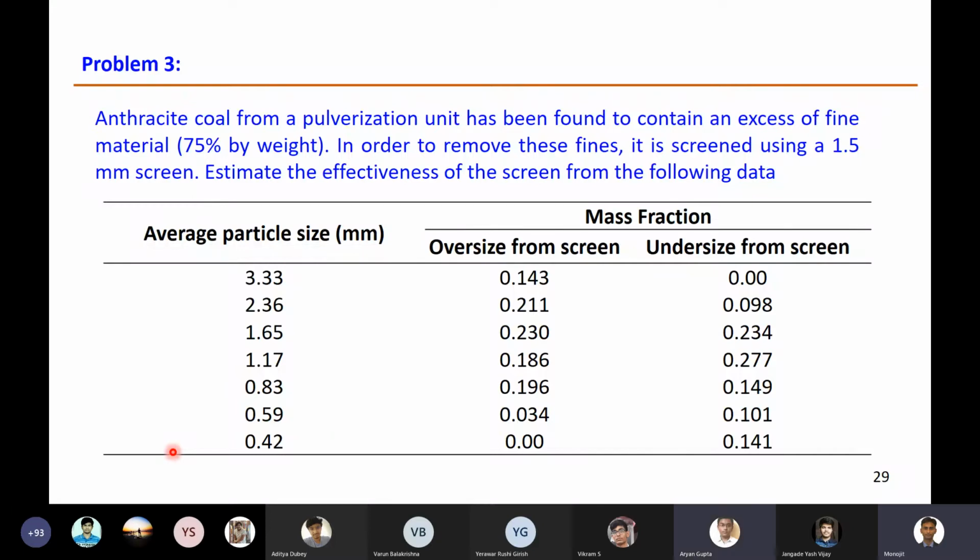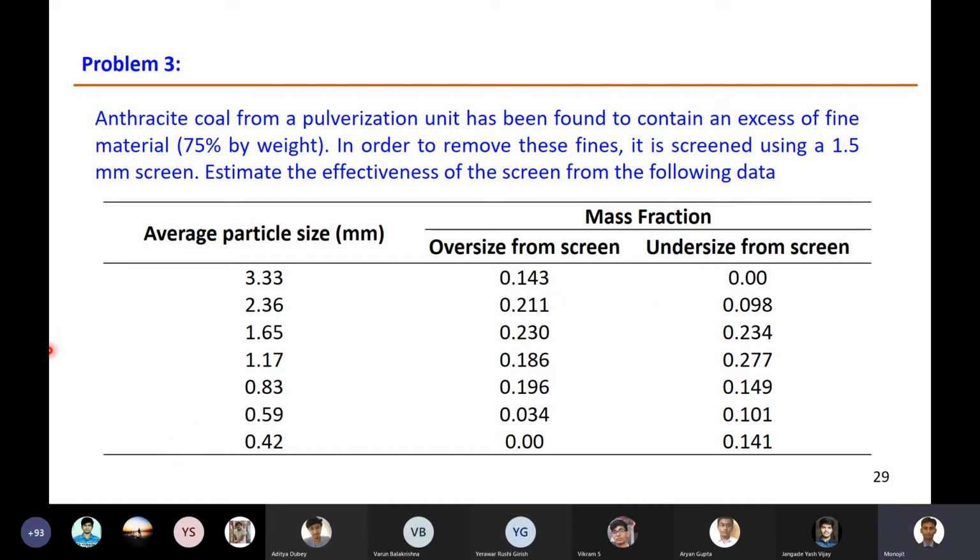One is differential, one is cumulative analysis. Remember the advantage of doing cumulative analysis. If you wanted to find out a specific fraction corresponding to a specific size, you can directly get it from the cumulative analysis. And that is what we want here.